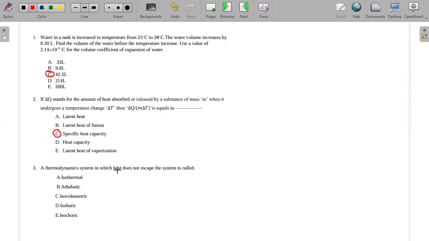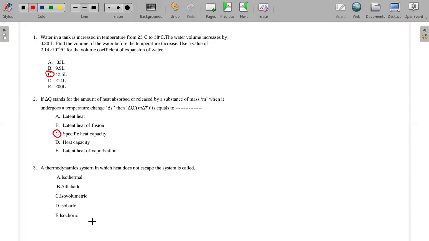Question 3 is saying a thermodynamic system in which heat does not escape the system is called the dash. A thermodynamic system, so this is just a conceptual question. They want you to understand a thermodynamic system that has no heat escaping the system.